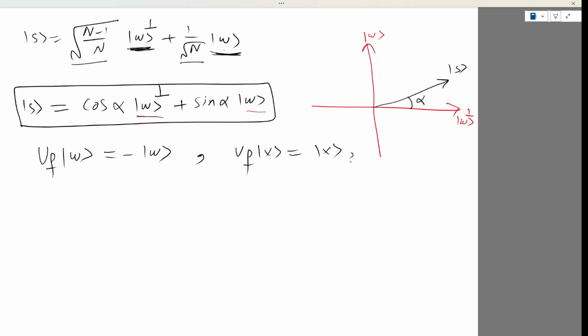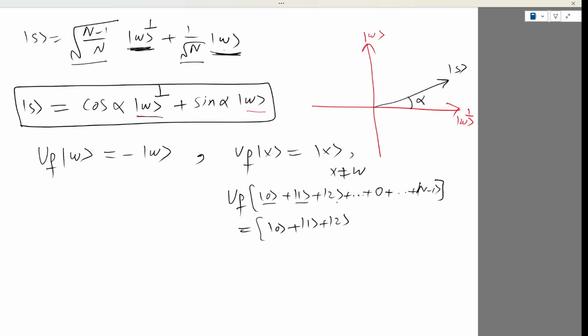So this is when X is not equal to W. It means even the sum of all of the x's, so let's say the sum of 0 plus 1 plus 2, and there's no W state, okay, so I'm just putting a 0 to indicate that the W state is missing, all the way to n minus 1, I will get the same state out as it is, because none of these indexes belongs to the solution state that we are looking for.